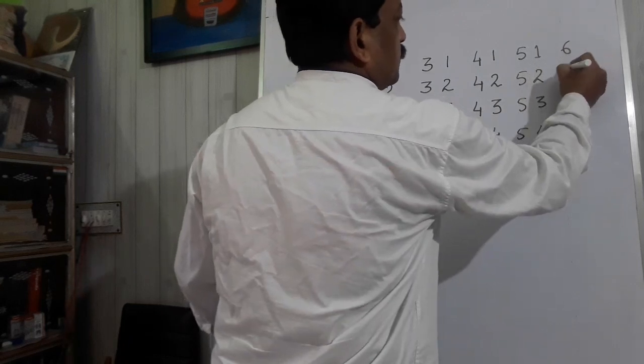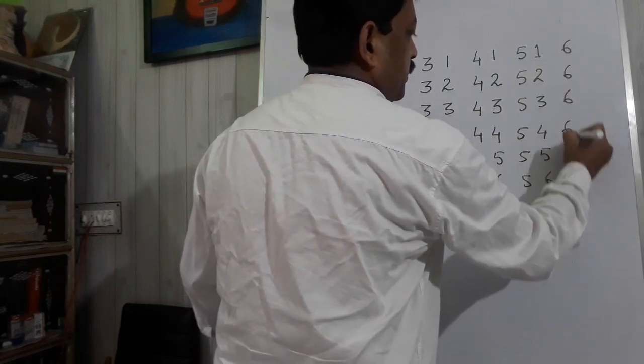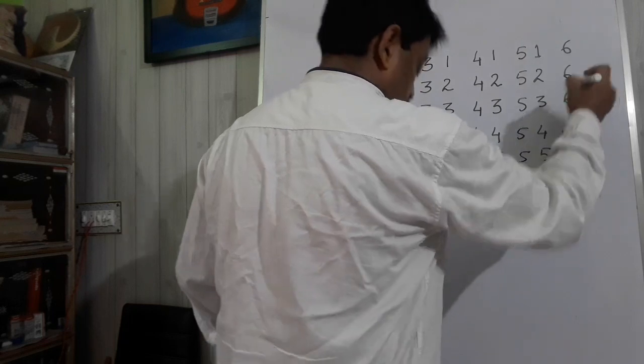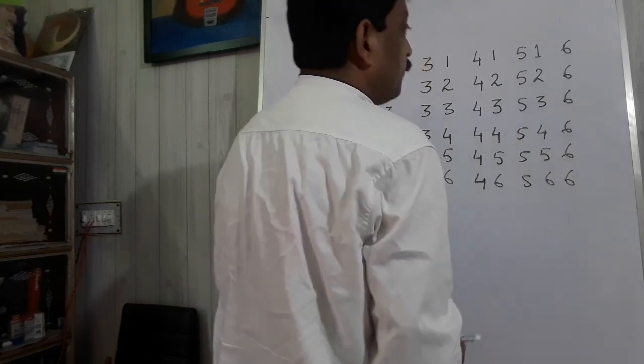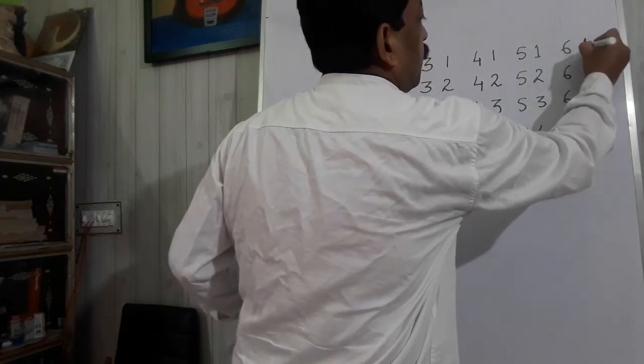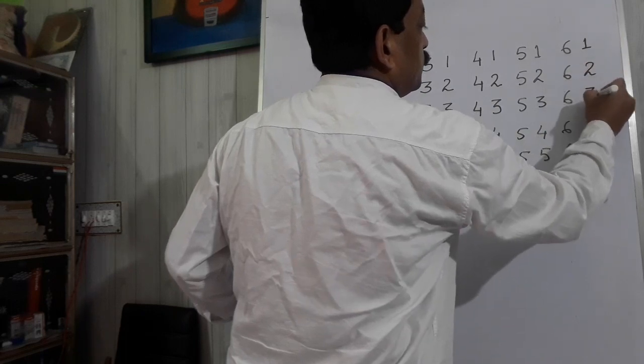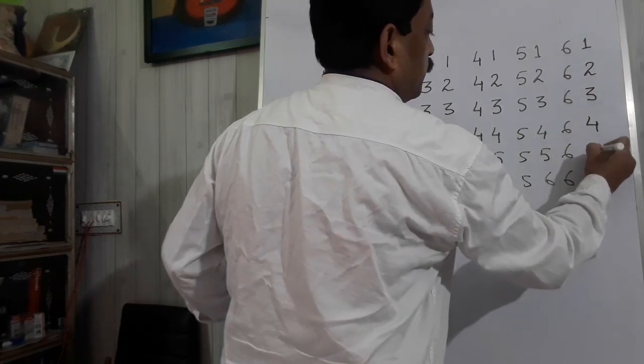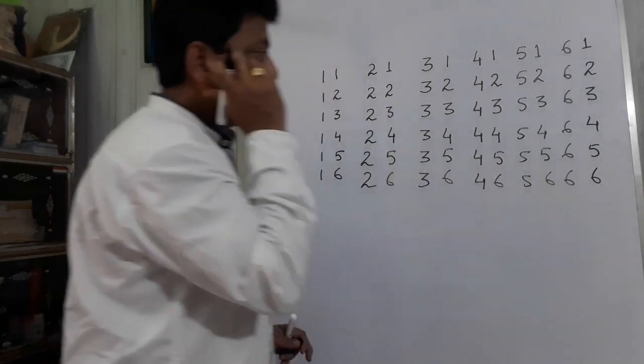Similarly, 6 on the first die, and 1, 2, 3, 4, 5, 6.